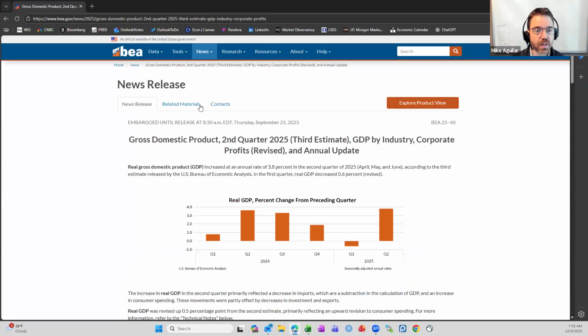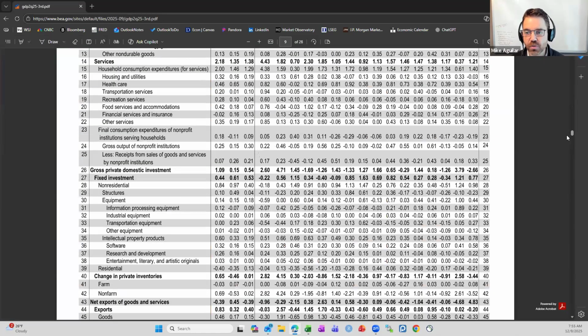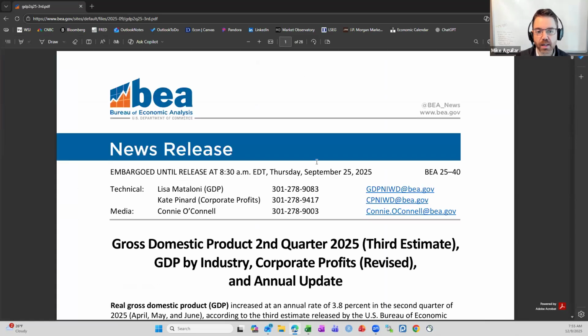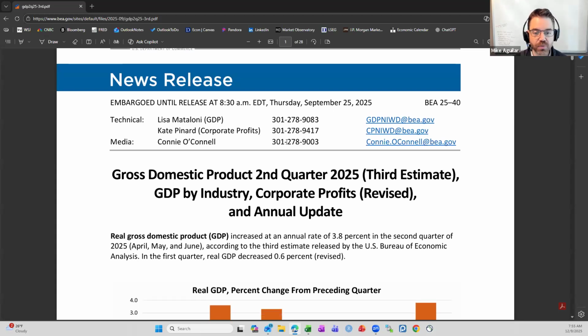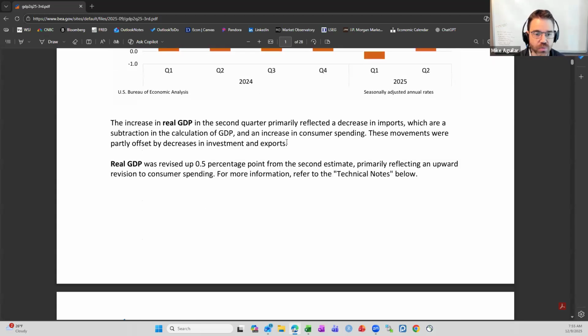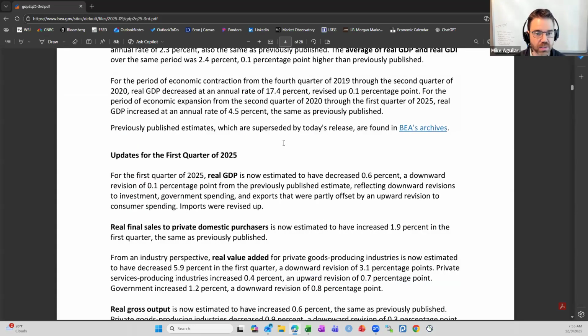You could click over here, and if you remember, you go to related materials, you can get the PDF. Let me scooch all the way up to the top. The last one, right now, is December 9. It hasn't been since September. Why is that? Government shutdown. We'll be having more soon. So that was for the second quarter. That's what we're going to use because that's the best practice, always using the most recent ones.